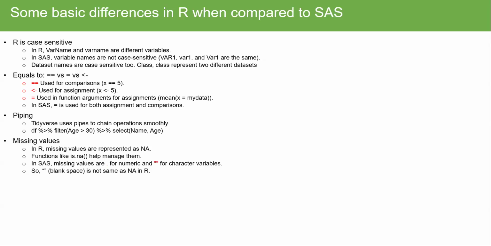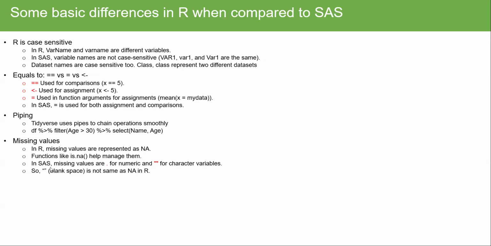The next key difference when compared to SAS is how missing values are handled or represented. In R, missing values are represented as NA, and we have certain functions like is.na to help manage them. We'll see this later on, but just know that missing values are represented with NA.